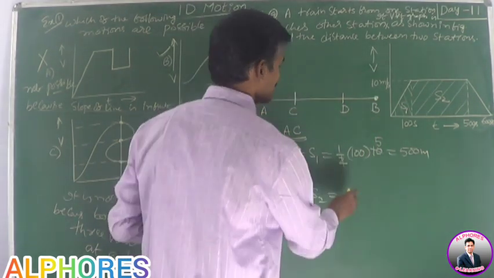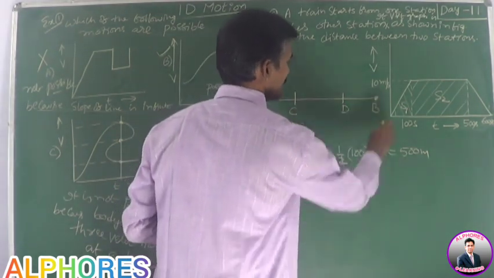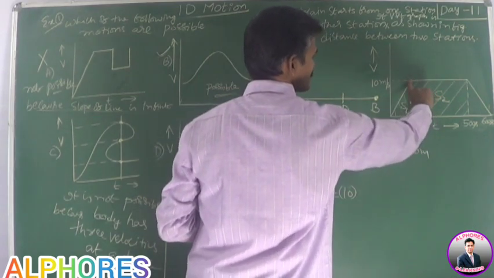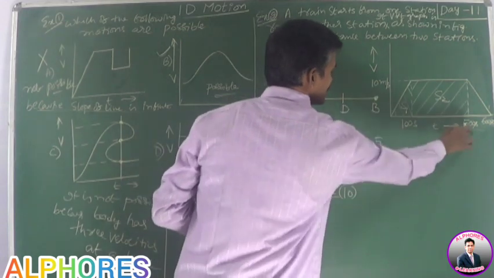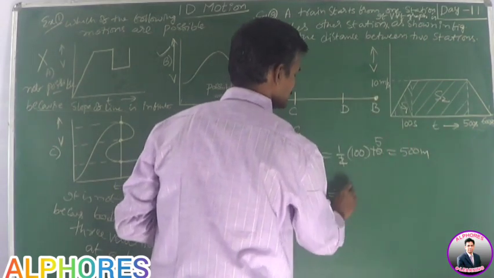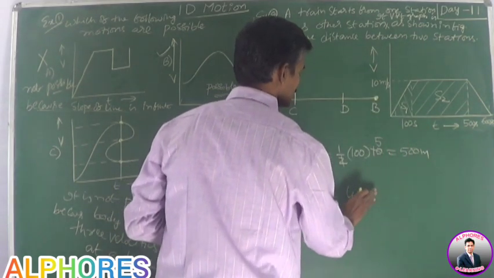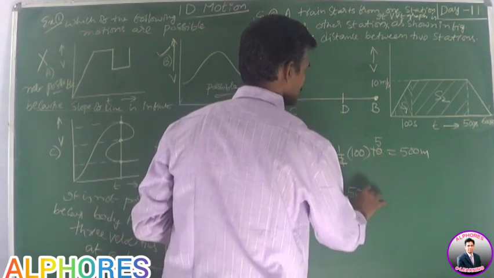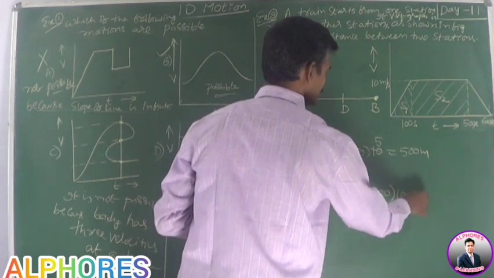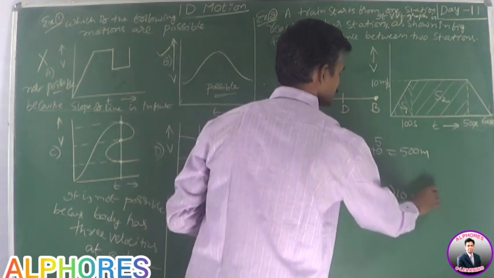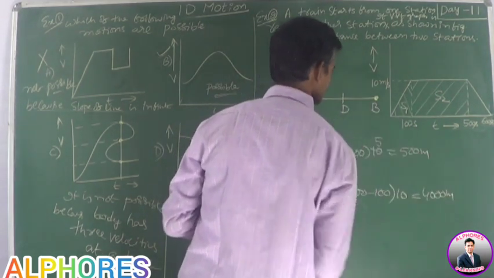That area is 10 into length. Suppose this is breadth and this is length. The length is 500 minus 100, that is 400. The breadth is 10. So that is 4000 meters.